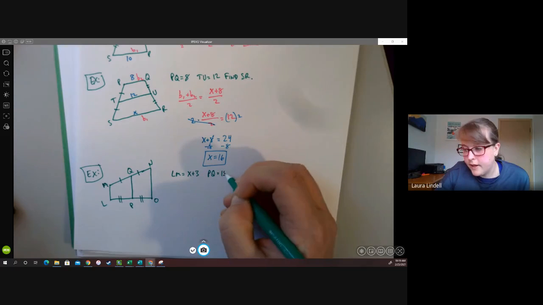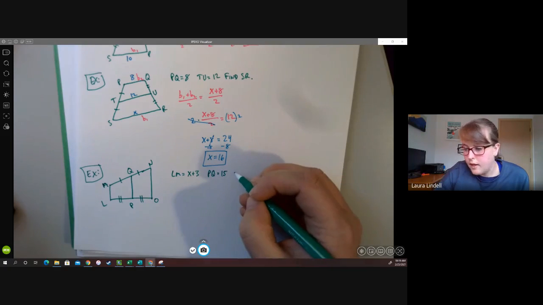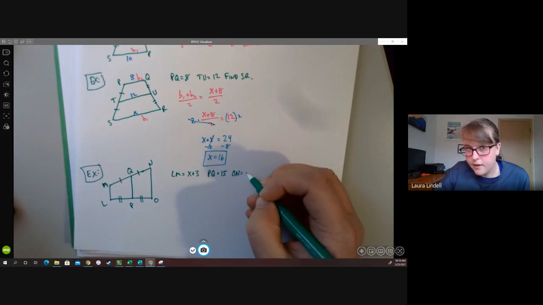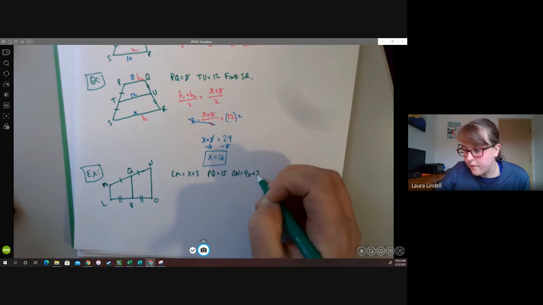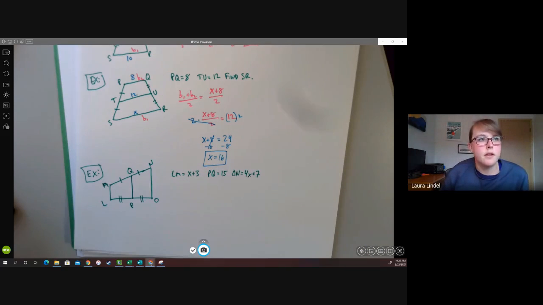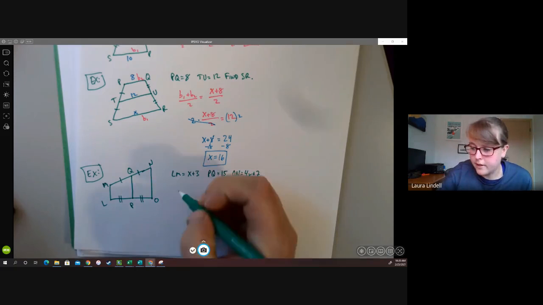PQ is 15. And ON is 4x plus 7. And we want to solve for x.